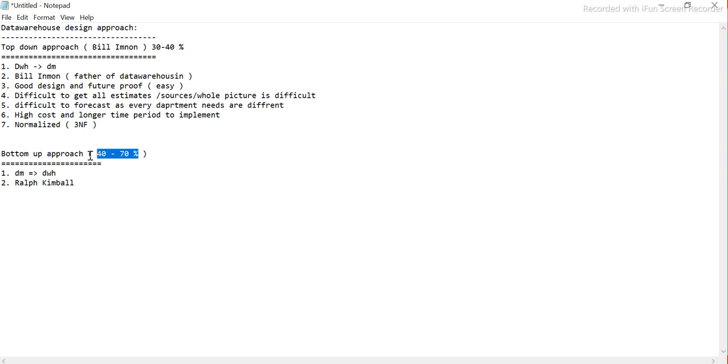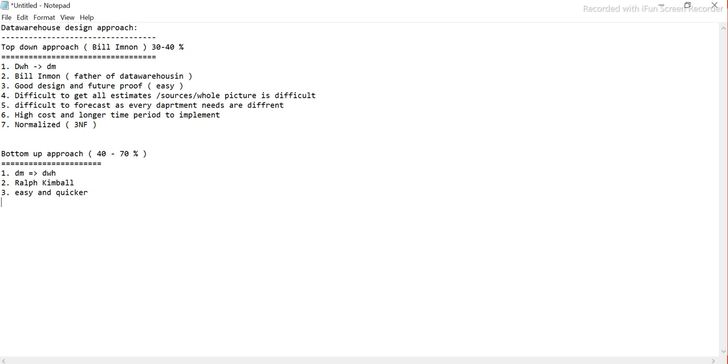Okay. Now, what are the benefits, guys? The other thing is, it is easy and quicker because we are doing it department-wise, right? So you will have a very small amount of data and you can easily integrate it.